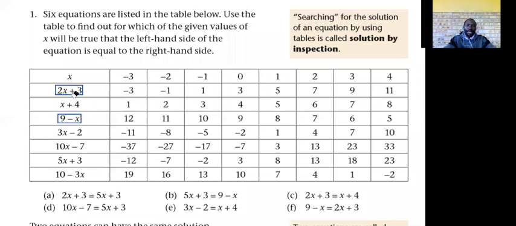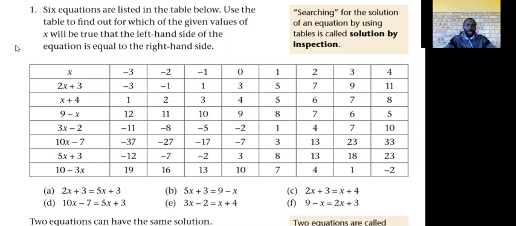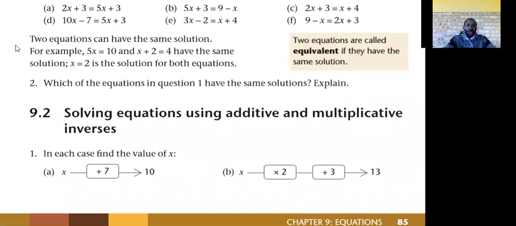So there are many methods. We have seen the first one being inspection. The second method, which will be in the second lesson, is solving for x using additive and multiplicative inverses.